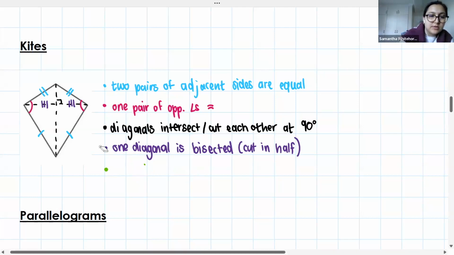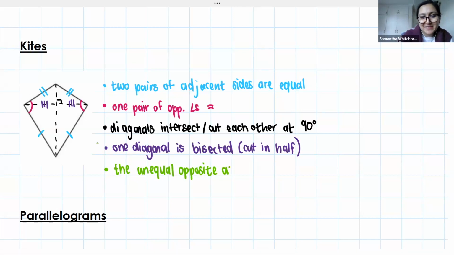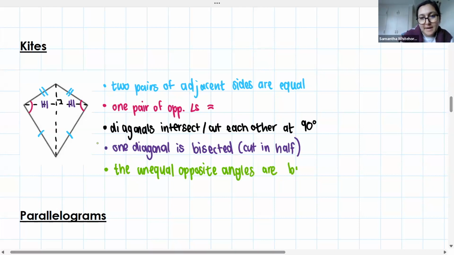Maybe let's actually reword that a bit differently. So let's say the unequal opposite angles, because remember, we've already got a pair of angles that are equal in the pink. So now the unequal opposite angles are bisected by the diagonal. And again, bisected means cut in half.